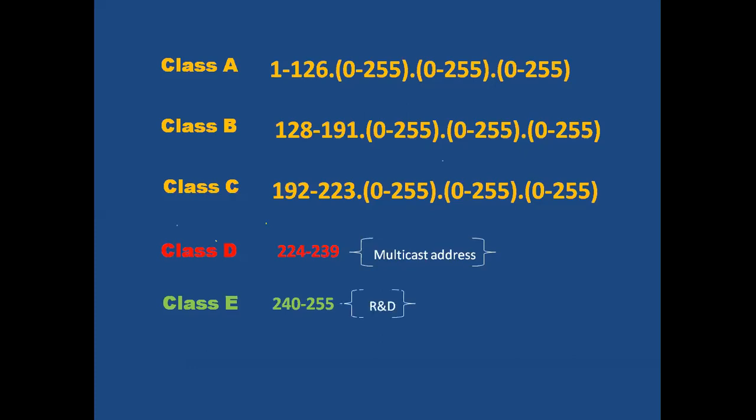And the complete class E address is for research and development. So we have 5 classes here, but class D is for multicast and class E is for research and development. Only 3 classes remain here, which we can use for our networking.